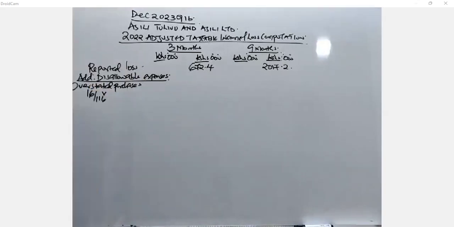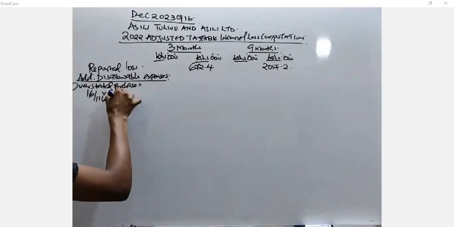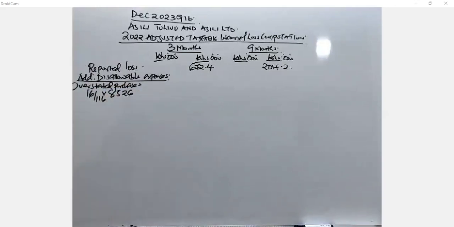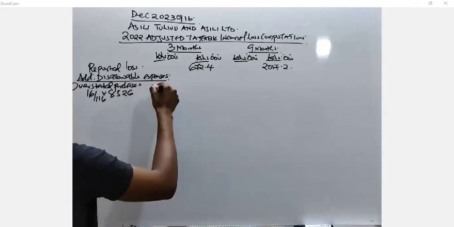We multiply it by the total purchases, which is 85.26. So 16 over 116 multiplied by 85.26, we are getting 1176.